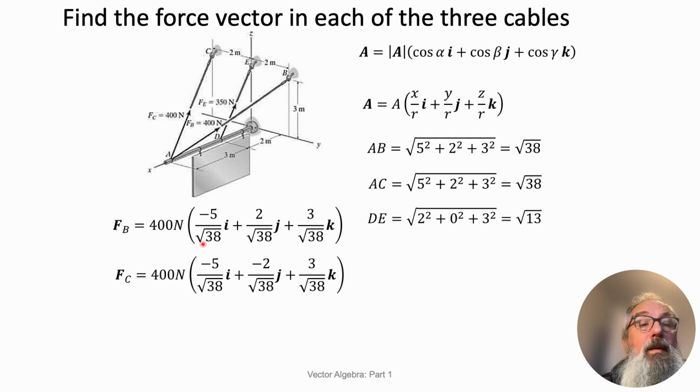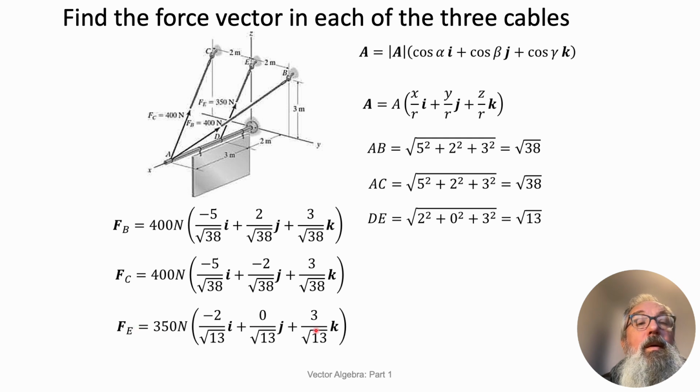And similarly for the other cable, it's actually the same size, but we've got a minus 2 here because it's symmetric about that centre bar. And for DE, it's 350 times the vector (0, minus 2, 3), divided by its magnitude.